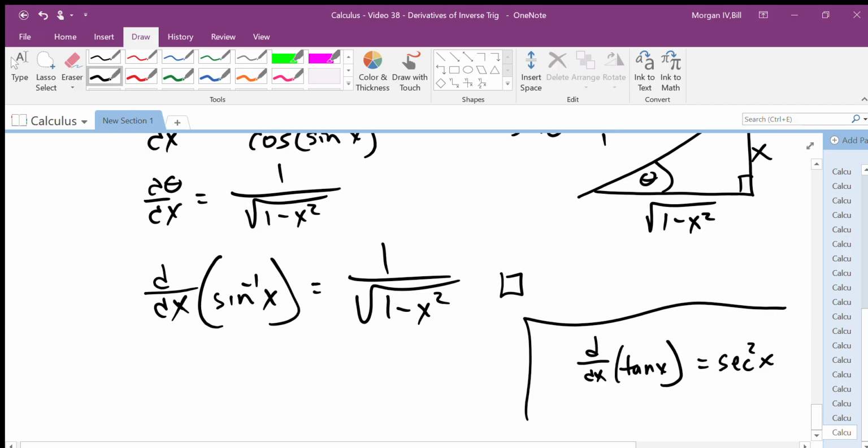But notice that when we took the derivative of the inverse trig function for sine, the derivative of inverse sine of x, the answer here is not a trig function. I find that quite interesting. We get this 1 over the square root of 1 minus x squared. Seems to come out of nowhere, but we get that when we kind of follow our nose with this particular proof.